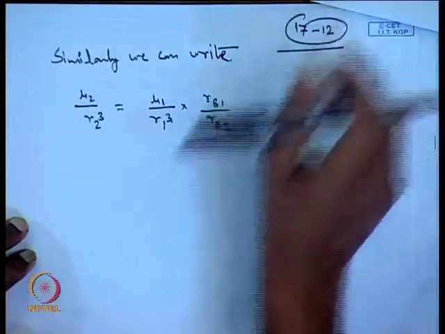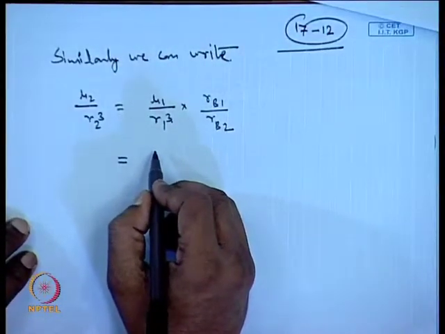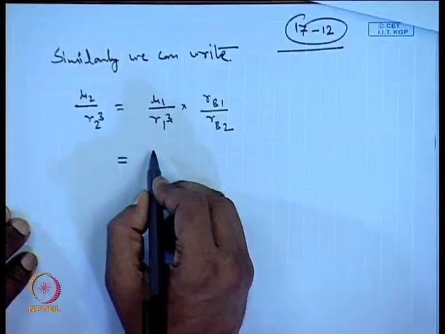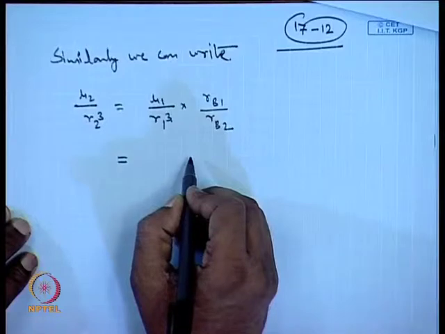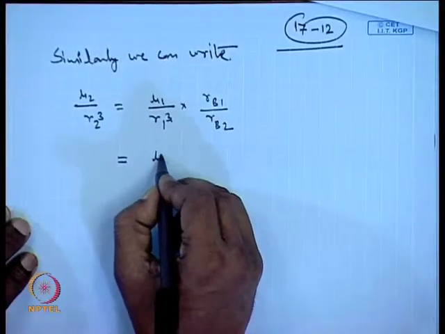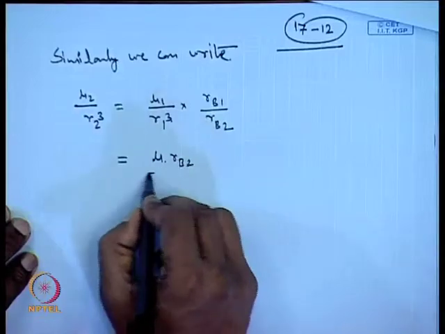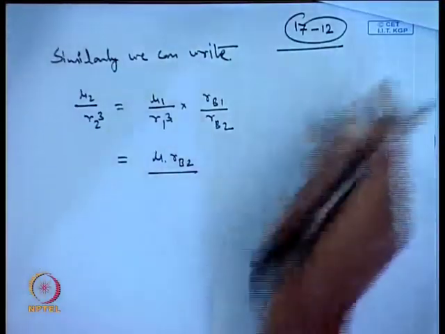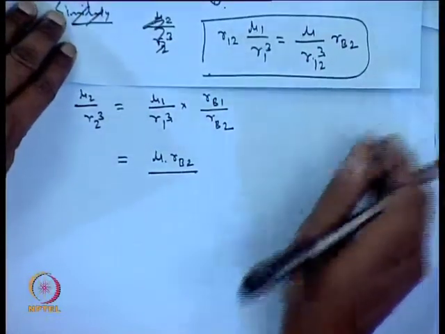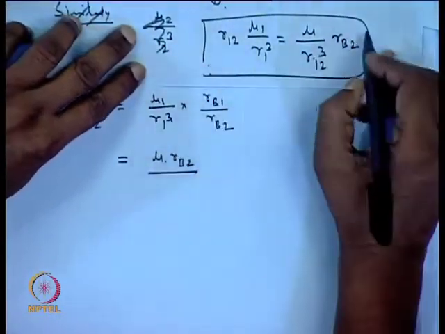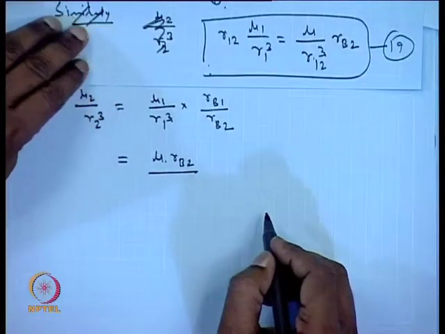So, we utilize this result. So, this quantity will be equal to mu times r b 2. This equation we can utilize. Let us name this also as equation number 19.